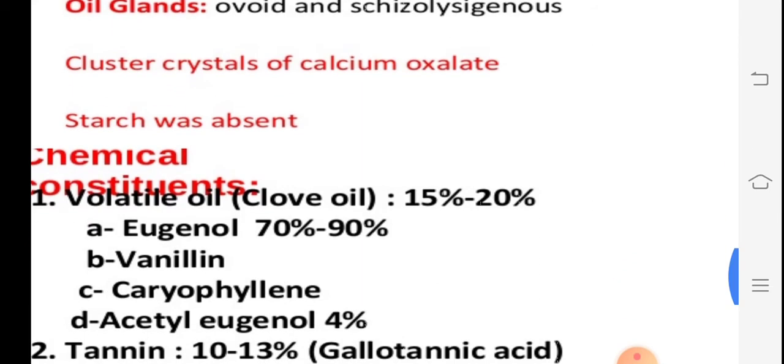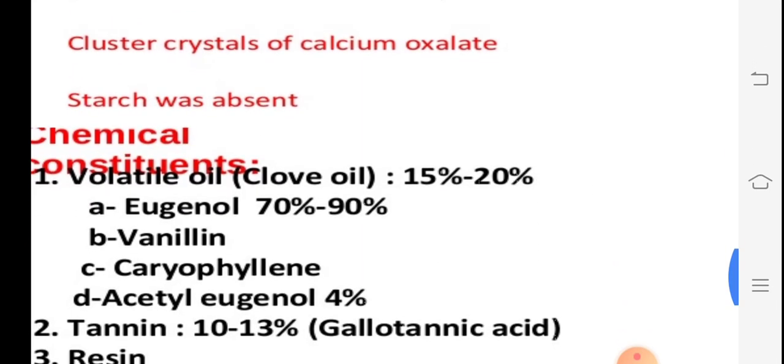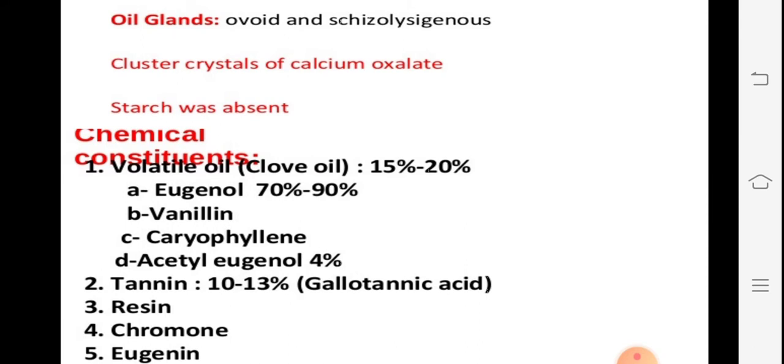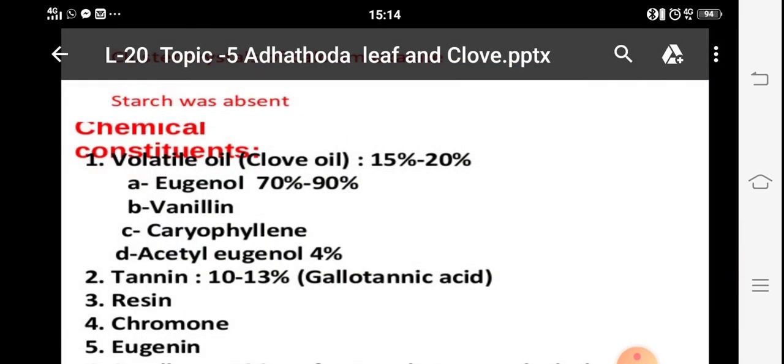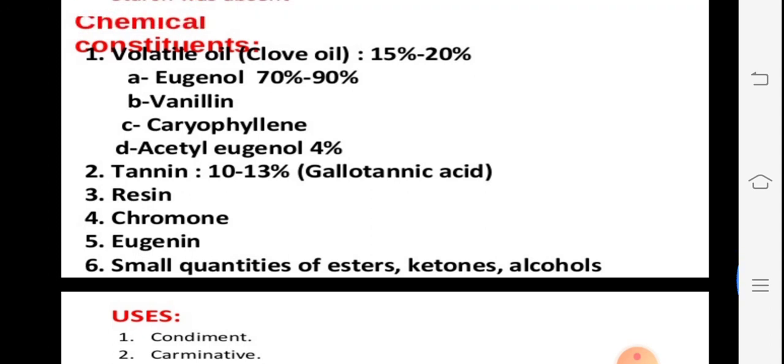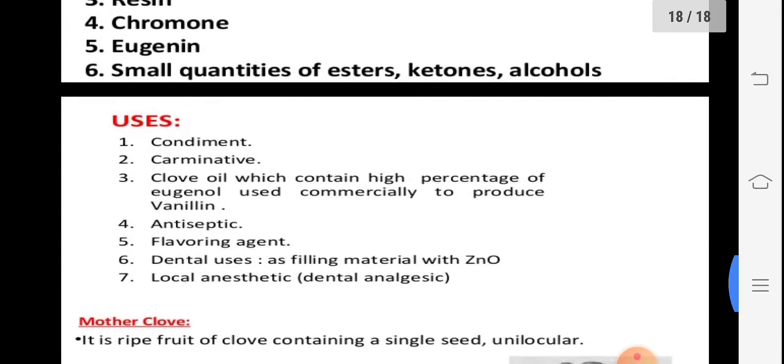Starch is generally absent. Then other constituents: volatile oil 15 to 20%, in which eugenol 70 to 90, vanillin, caryophyllene, acetyl eugenol 4%. Tannin is 10 to 13%, and then different uses are there.